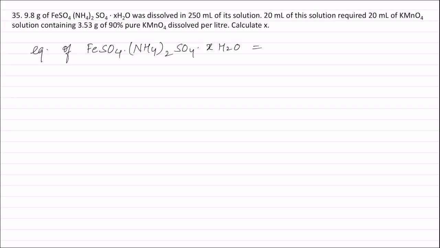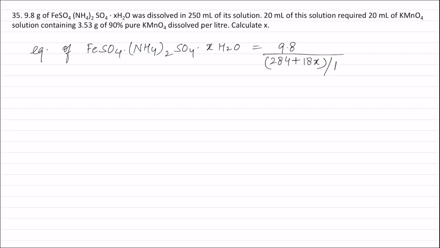Now weight of FeSO4.(NH4)2SO4.xH2O is 9.8 gram and equivalent weight is equal to molecular weight divided by valency factor. Molecular weight is 284 plus 18x, divided by valency factor, that is 1.